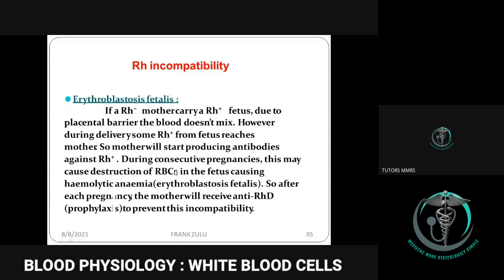Now, I don't have a pen here. Follow the scenario. If you have a pen somewhere, write it down. Pregnancy 1, there is exposure. Mother is exposed to Rh positive, so Rh negative develops antibodies, anti-D antibodies. In pregnancy 2, mother is still Rh negative, but has antibodies against the Rh positive child.